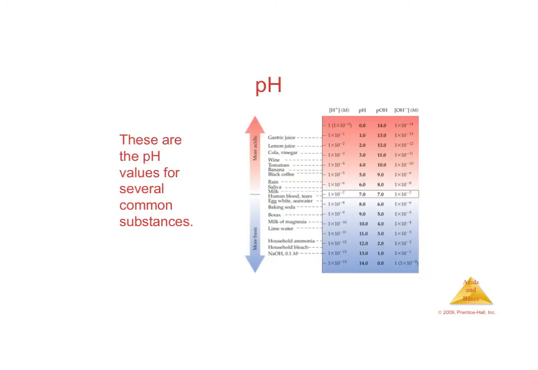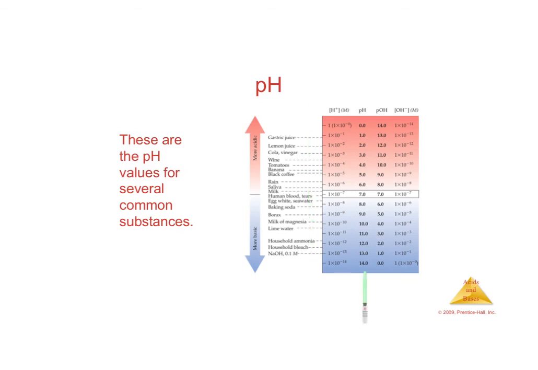Let's just take a closer look at this figure here and what it's showing us. So as our hydronium concentration increases, right, our pH goes down. But notice how as our hydronium concentration increases, our hydroxide concentration decreases. Or as our hydroxide concentration increases, our hydronium concentration decreases.